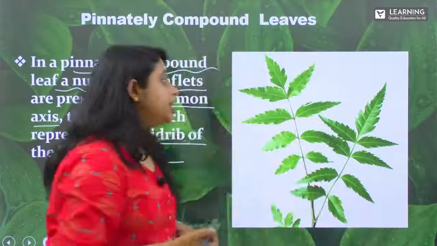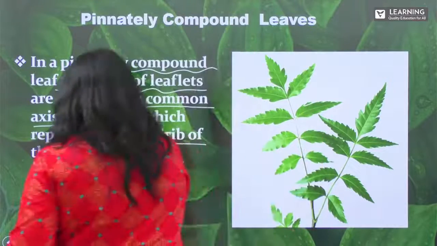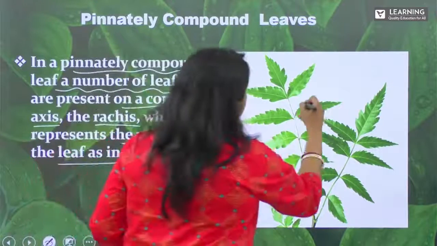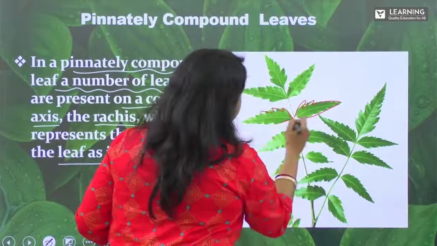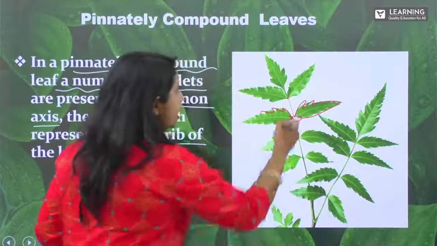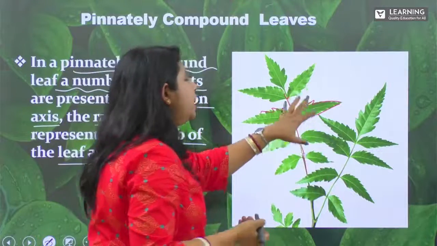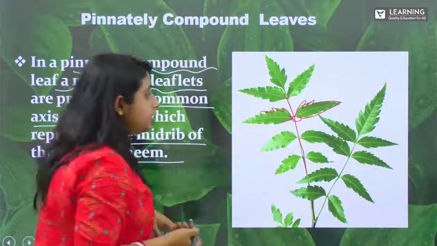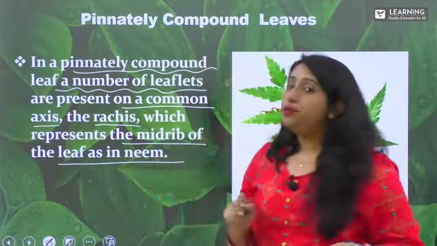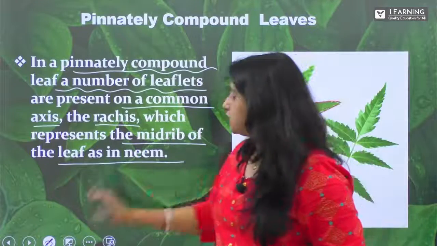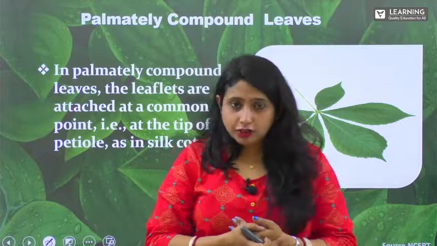As you can see here, it is present at a common axis, isn't it? Here the leaflets are present, and they are attached to the axis and arranged parallelly, isn't it? So this type of leaves are known as your pinnately compound leaves. You can see this in case of neem. So what are palmate compound leaves then?